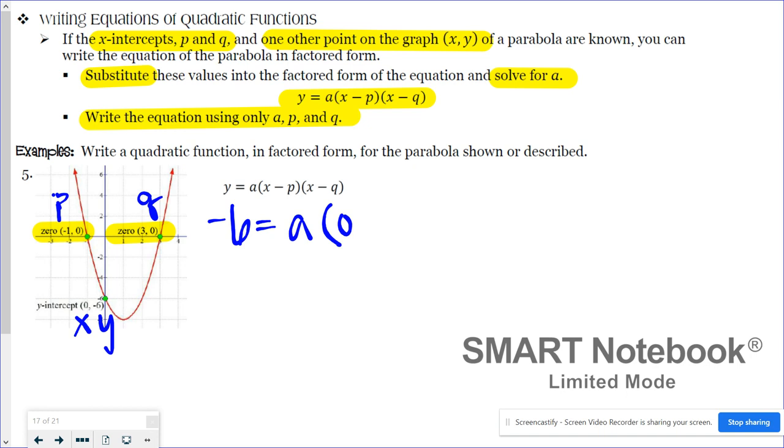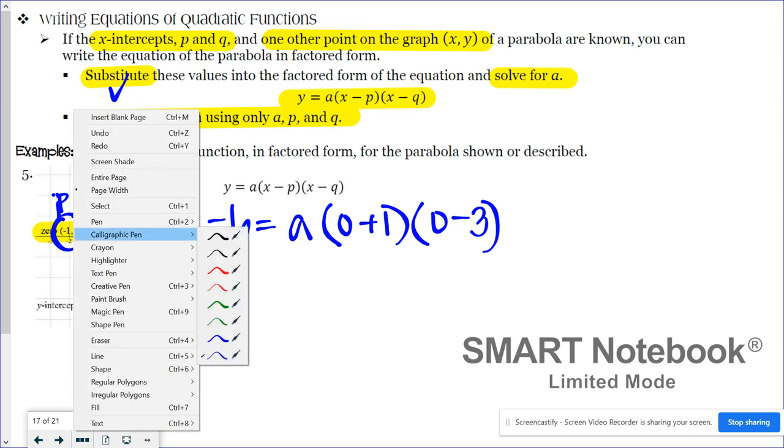Well, x is 0, and then I'm minusing p. P is -1. So if I minus -1, that's just going to become +1. And then I have times the quantity of x minus q. X is still 0, and q is 3. So I'm making those substitutions. Done. Now I'm ready to solve for a.